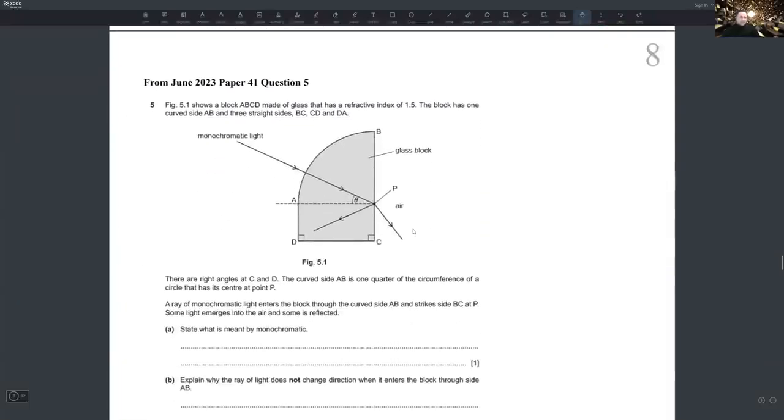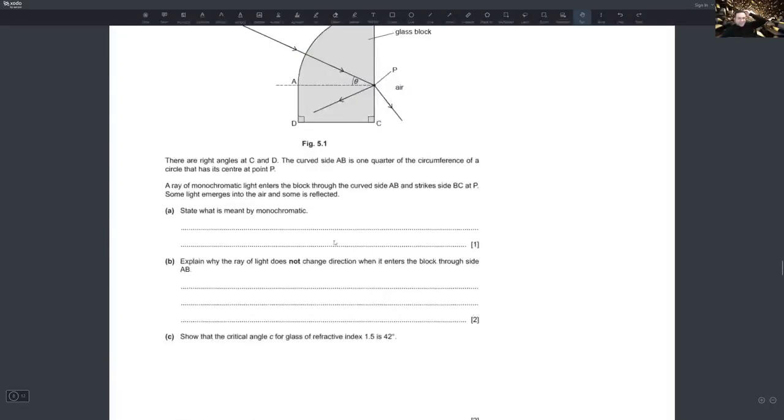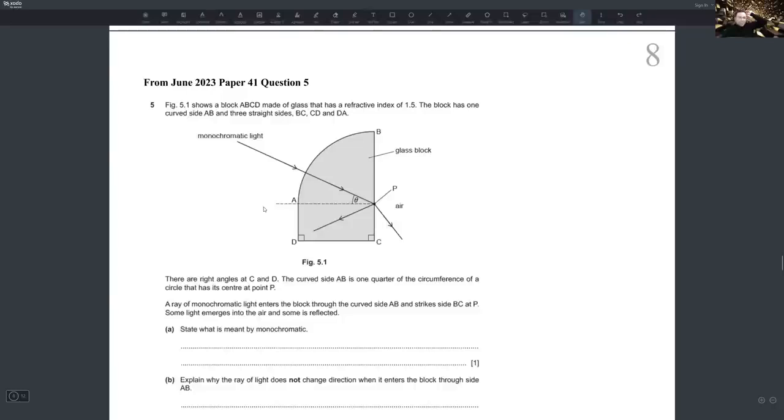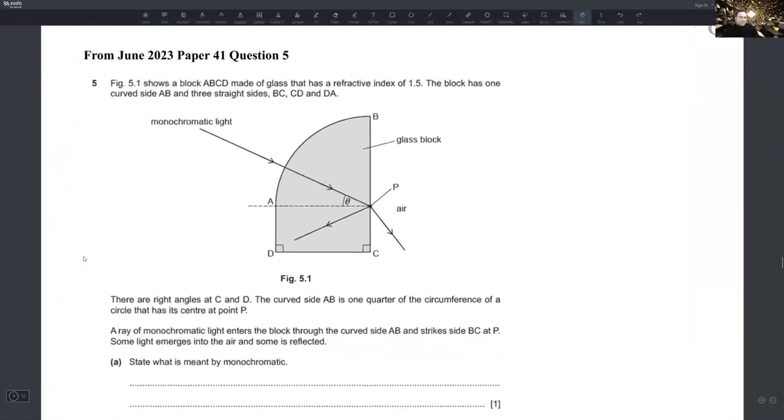Next. June 23, paper 1. A really nice question on refraction. Figure 5.1 shows a block ABCD made of glass that has a refractive index of 1.5.